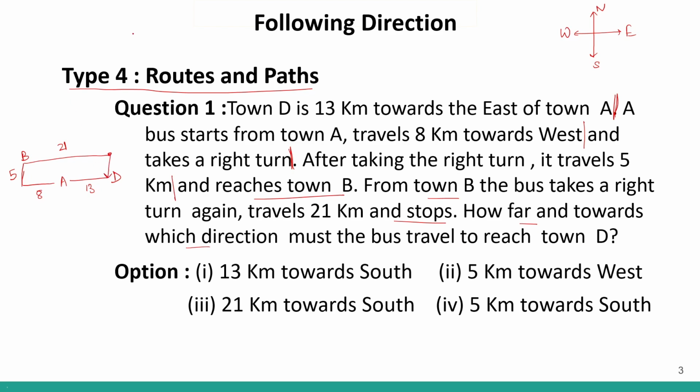Now the other part of the question is how much? We can clearly see that if B and this point is 5, then D and this point will also be equal to 5 kilometers. So our answer will be 5 kilometers towards the south, which is option number 4.